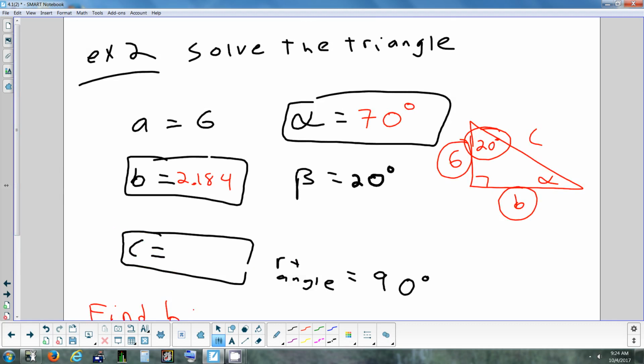It might not be accurate, and it might not even be the right number. So we're not going to do Pythagorean theorem to find C. How about Irene? Could you tell me what trig function you would use to find C? Given that we're going to use this side again, this angle again, but now we're going to find C.